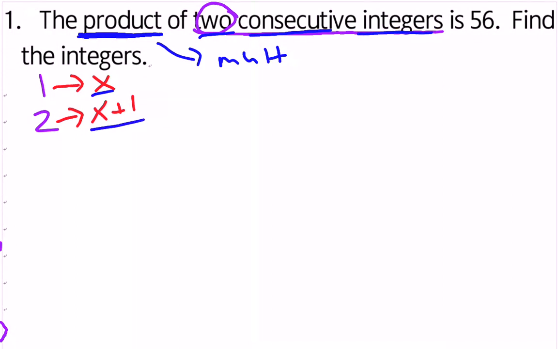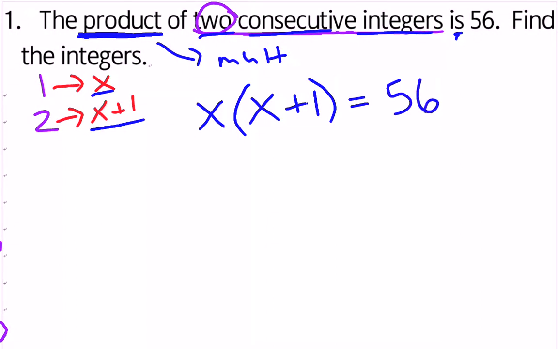X and x plus 1. So I'm going to write x times x plus 1. Once again, we're multiplying because it says product. Then it says is, which we know is equals 56.